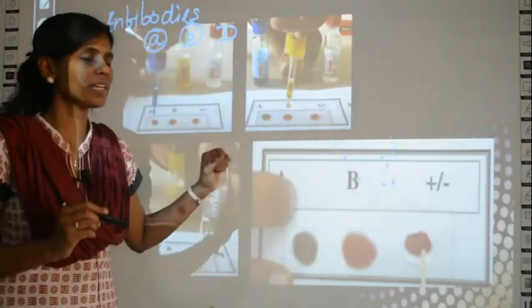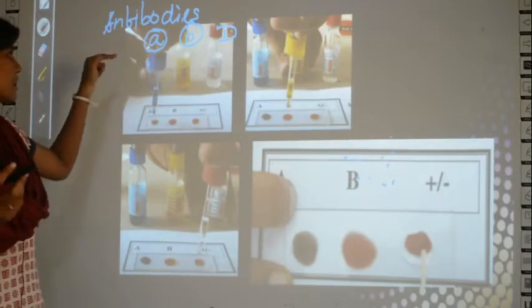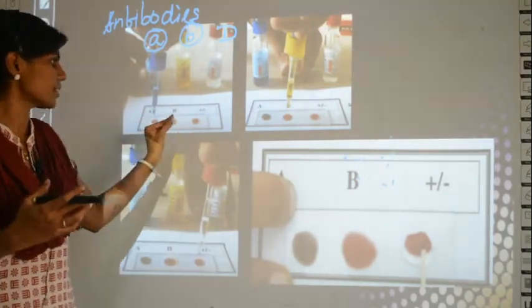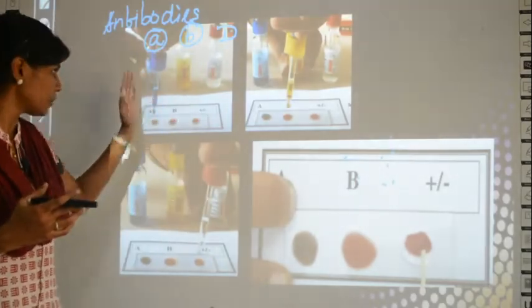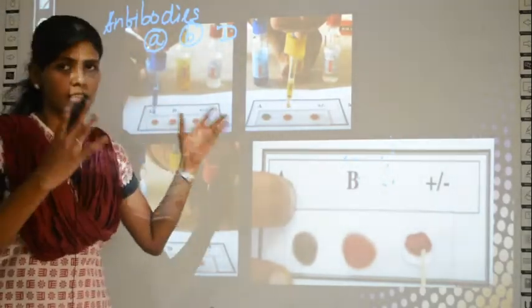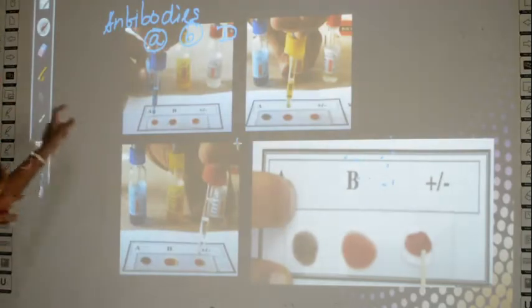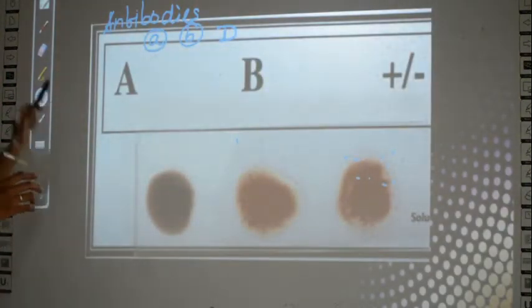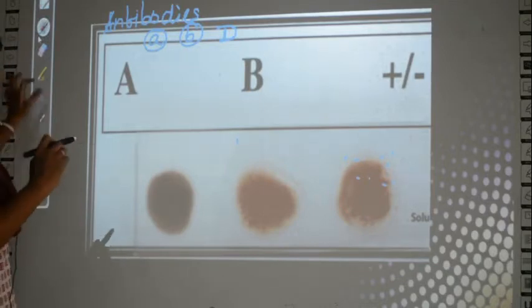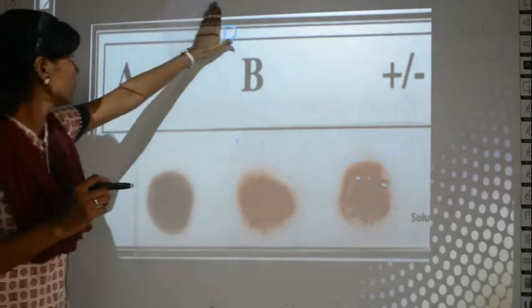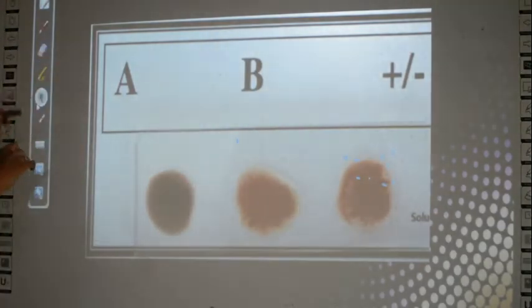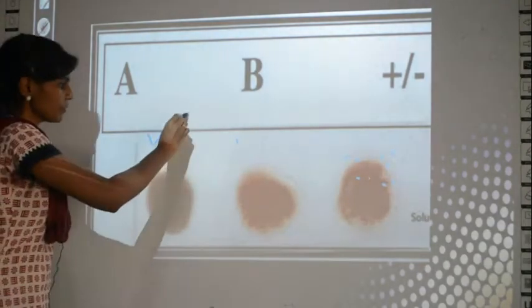After mixing, we don't know this person's blood group yet. This person has placed 3 drops of blood and mixed antibody A, B and D. What will be the result after mixing? After some time you can see this one is clear, in the form of liquid.